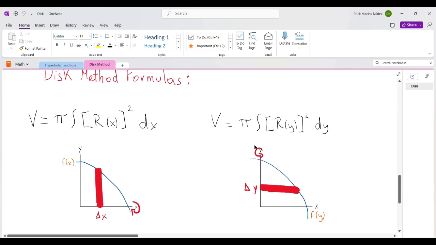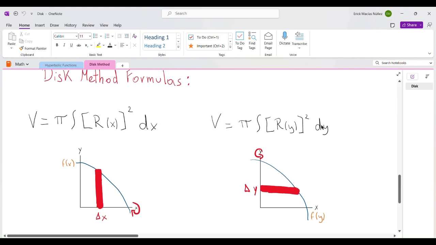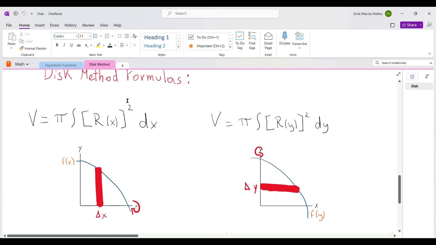I would suggest to not use the disk method for dy problems, because you want to use the shell method for them. It's a little bit more complex, but at the same time it helps for problems that you just cannot get with the disk method. Nonetheless, it is still possible to get it worked with the disk method.